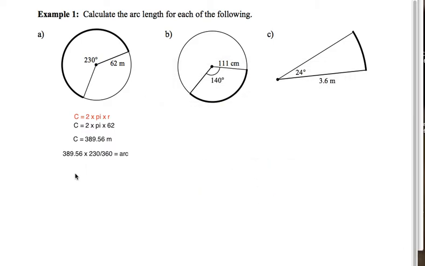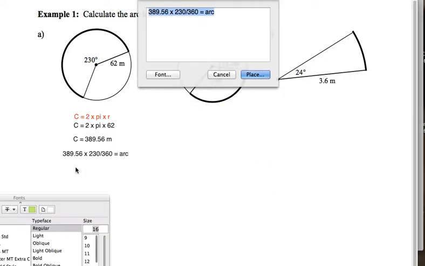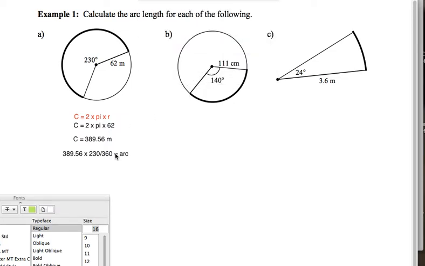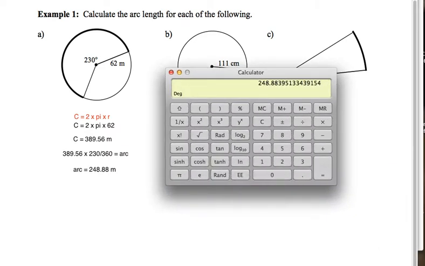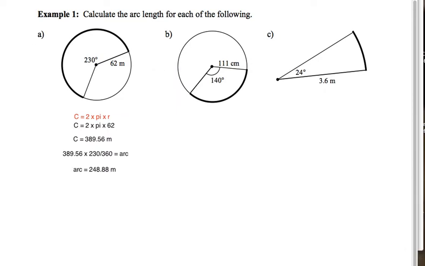So I can write that in here. Arc equals 248.88 meters. Assuming that's right, let me make sure I've got the right answer that my calculator said. 248.88, good.